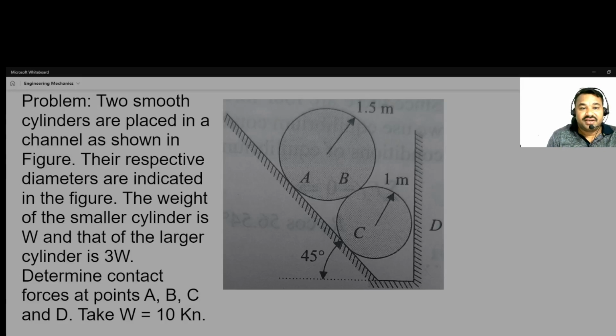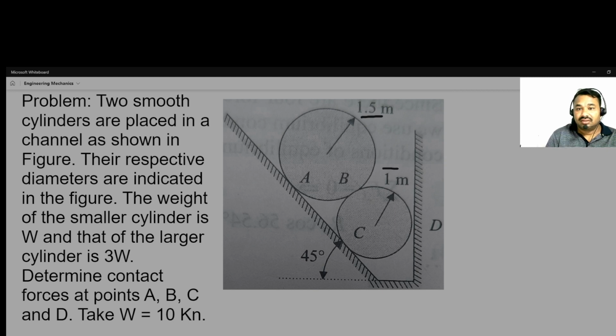So, dear student, this is the next problem. In this problem, there are two cylinders of different diameters: a larger cylinder of 1.5 radius, and a smaller cylinder with 1 meter radius.